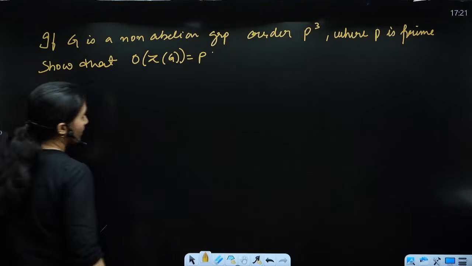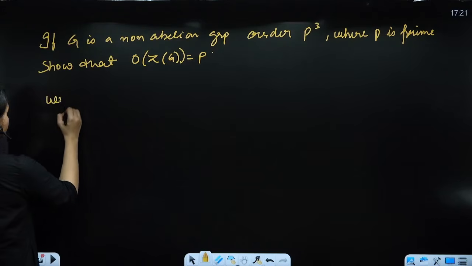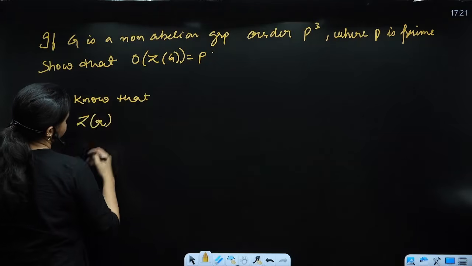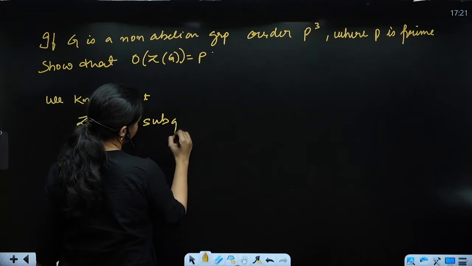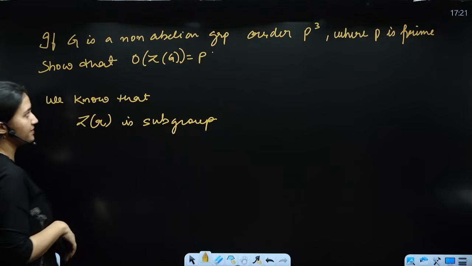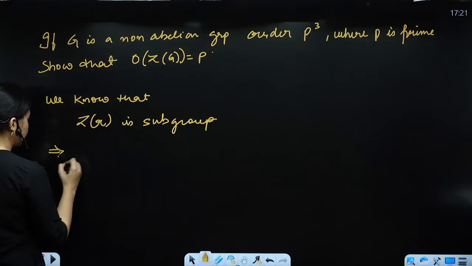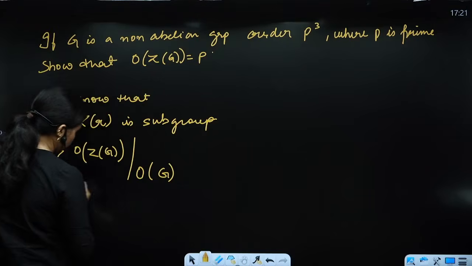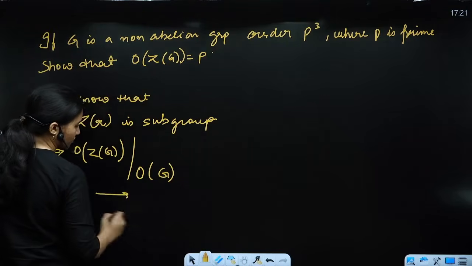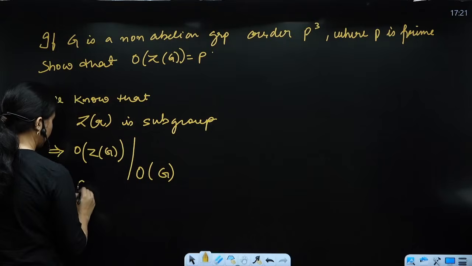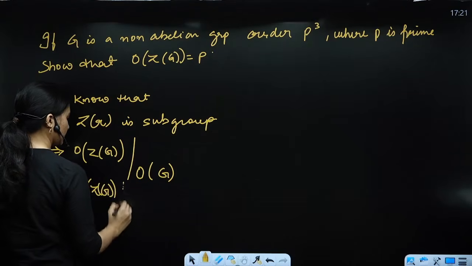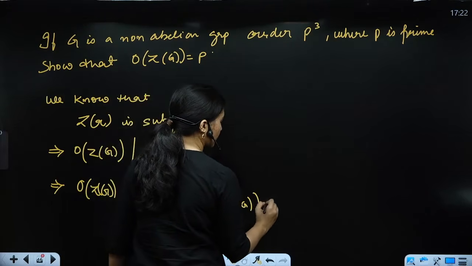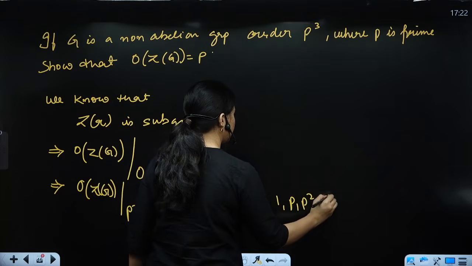Now see, we know that ZG is a subgroup. This implies that order of ZG divides order of G. So order of ZG can have values 1, P, P square and P cube, right?